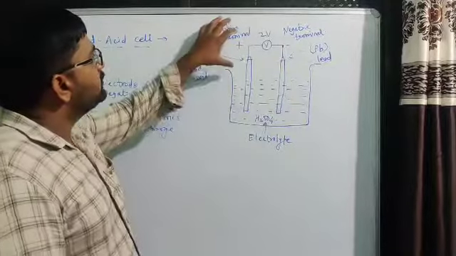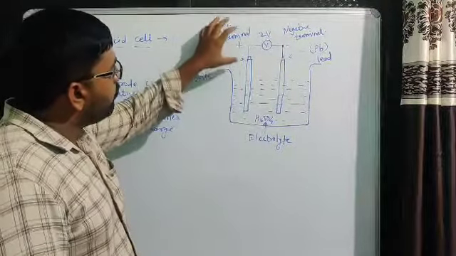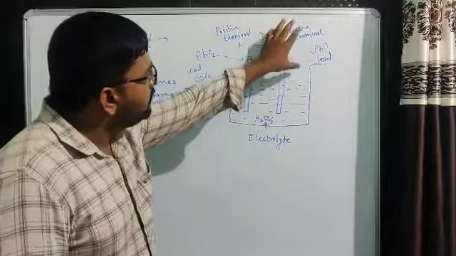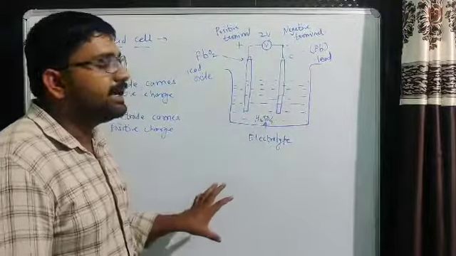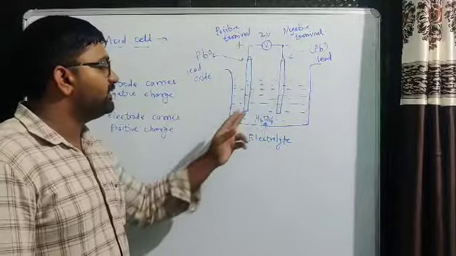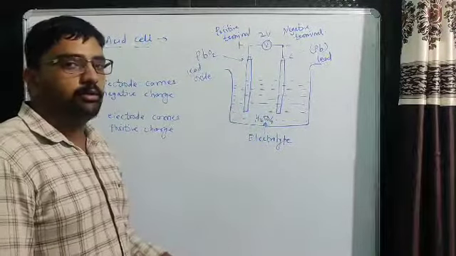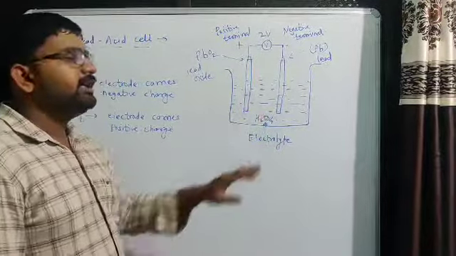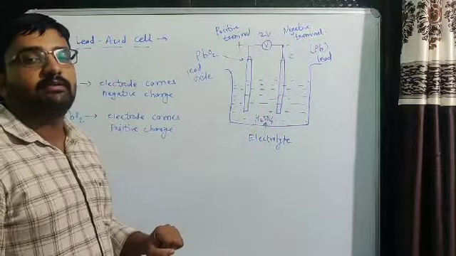The PbO2 rod is the positive terminal and the Pb rod is the negative terminal in this case. As separation of charges takes place after the reaction in this electrolyte, the positive and negative charges move towards the respective electrodes.